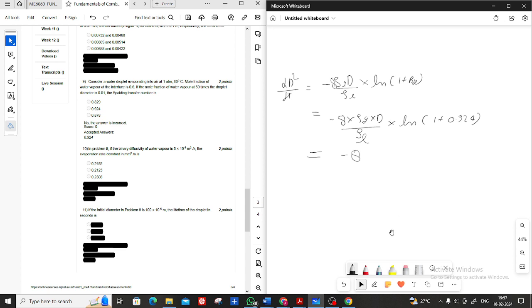Okay, I will solve it. How to calculate rho G? This question is part of question number 9. Here they have given the ambient pressure and the ambient temperature of 80 degrees centigrade.